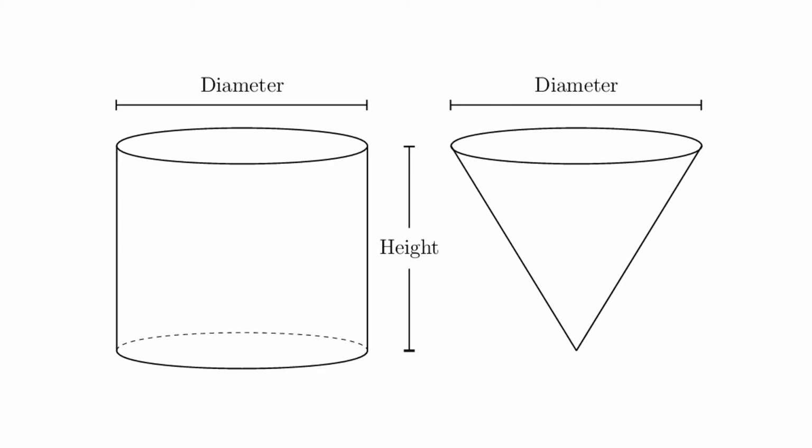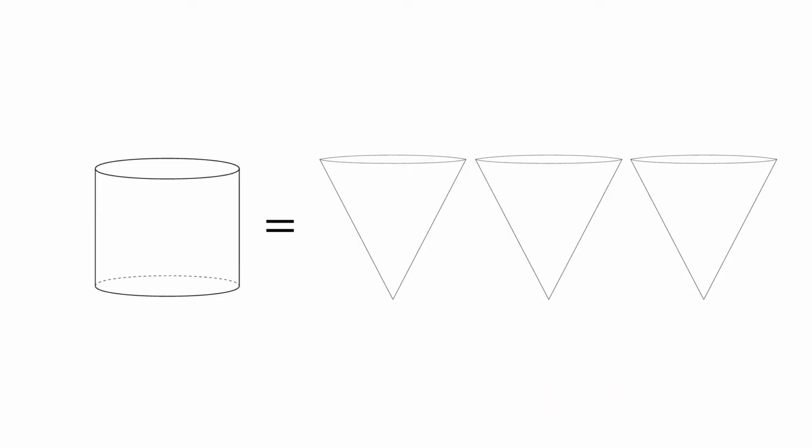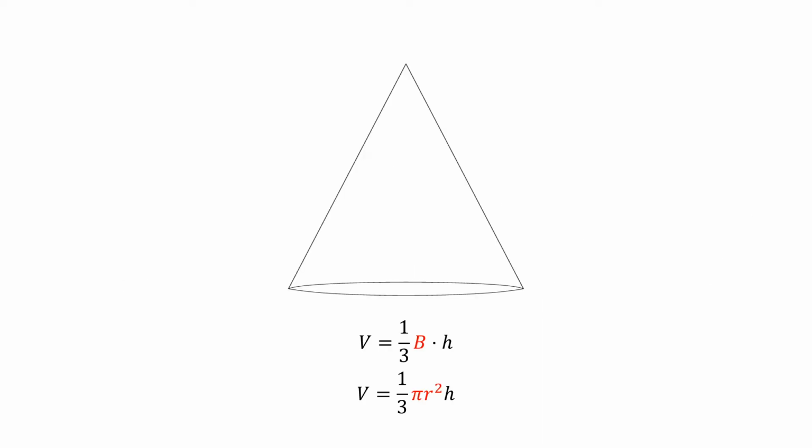So for instance, we have here a cone. If I take a cone that has the same diameter and the same height as a cylinder, then we find that 3 cones have the same volume as 1 cylinder, which means that the volume of a cone is 1/3 times the base times the height, as if it was a cylinder.